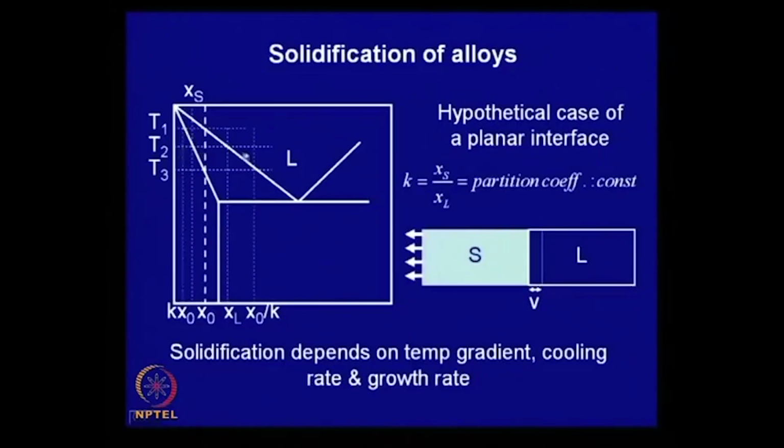Let us say for a particular temperature in between, at T 2, x L is the composition of the liquid which is in equilibrium with solid of composition x S. Let us define this ratio, the composition of the solid to the composition of the liquid, as the partition coefficient K, and let us take a case where we assume this is constant.